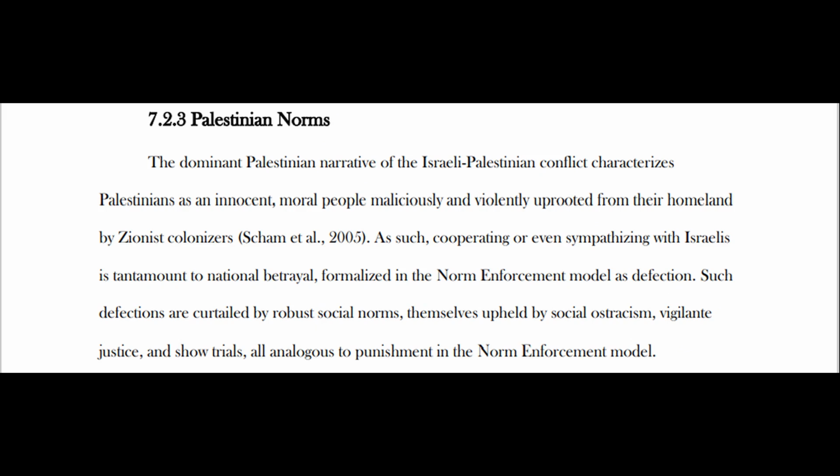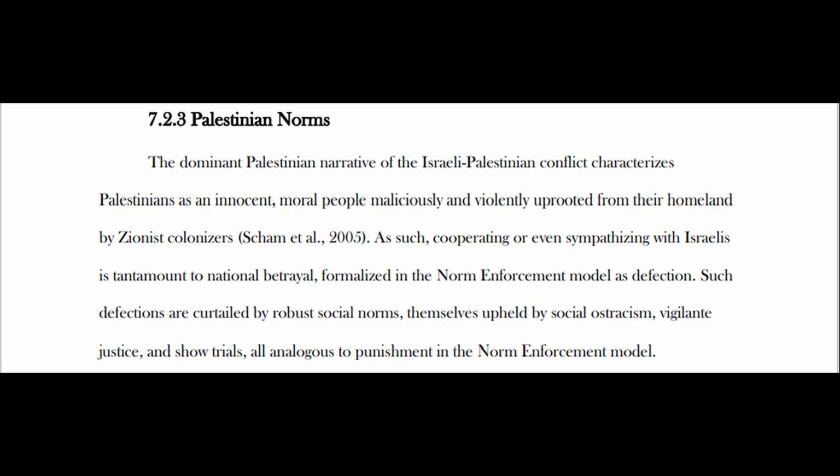For instance, the same paper from Harvard University says on page 48, the dominant Palestinian narrative of the Israeli-Palestinian conflict characterizes Palestinians as an innocent, moral people maliciously and violently uprooted from their homeland by Zionist colonizers. As such, cooperating or even sympathizing with the Israelis is tantamount to national betrayal, formalized in the norm enforcement model as defection.